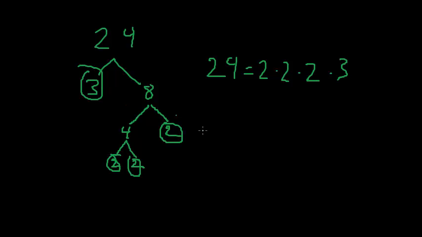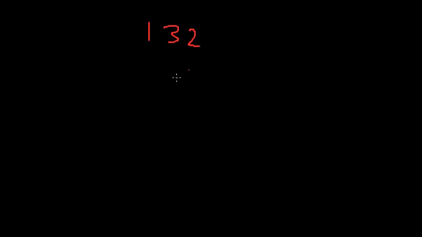Let's try this with another number, 132. Again, we find 2 factors that give us 132, say 11 and 12. 11 is prime, 12 can be broken down into 4 times 3, and 4 can be broken down into 2 times 2.